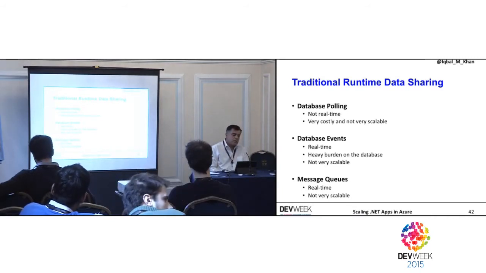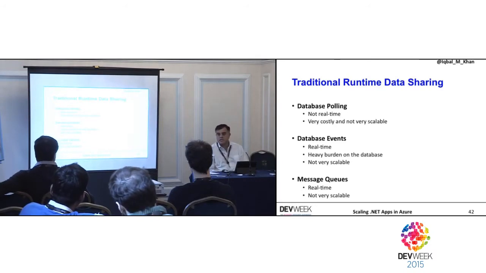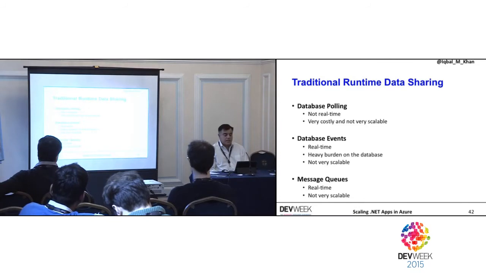So the message queues were the third way. They're definitely better than the database events, but they're not data oriented, so they're message oriented. Secondly, they're also not scalable. And sometimes you need to share data based on messages. Sometimes you need to share data based on data. That, okay, tell me if a new customer is added.